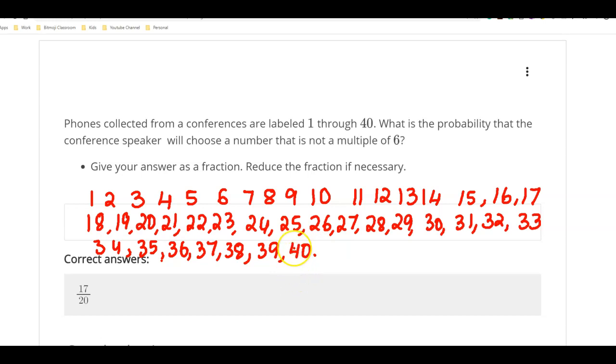All right, now that I have labeled everything from 1 to 40, let's see what they're asking me. What is the probability that the conference speaker will choose a number that is not a multiple of 6?